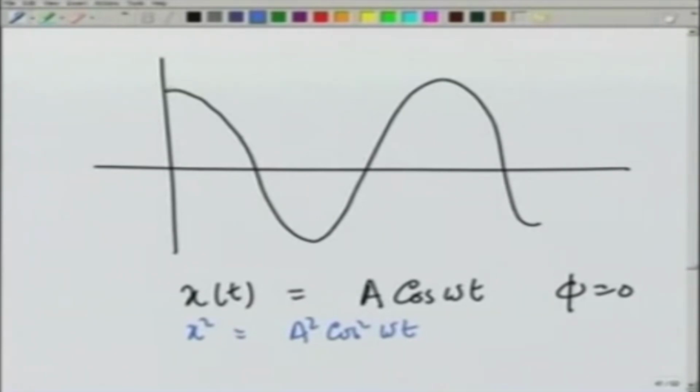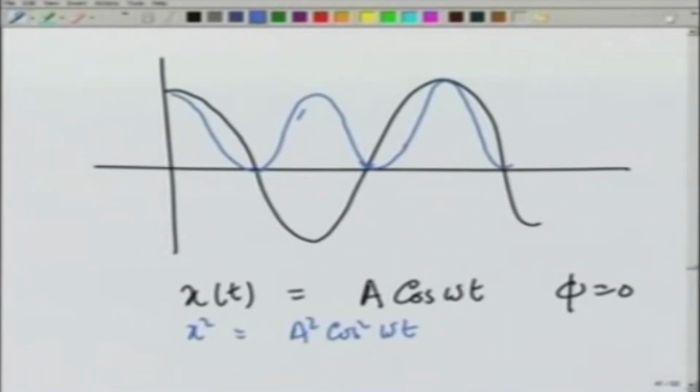If I square it, x square would be a square cosine square omega t, which is all positive. It will start from here, go down, go like this, and so on. Notice that here it is less than the displacement curve, because the square of a quantity less than 1 is less than 1.